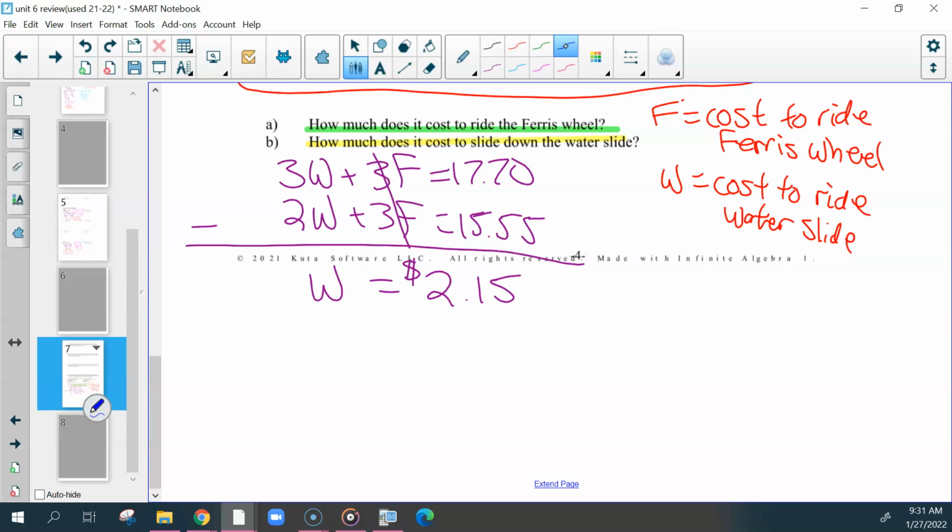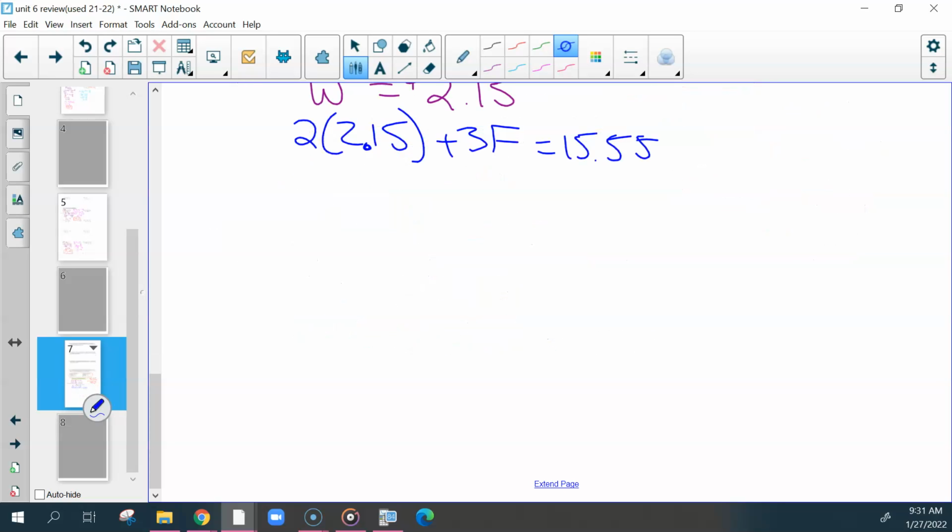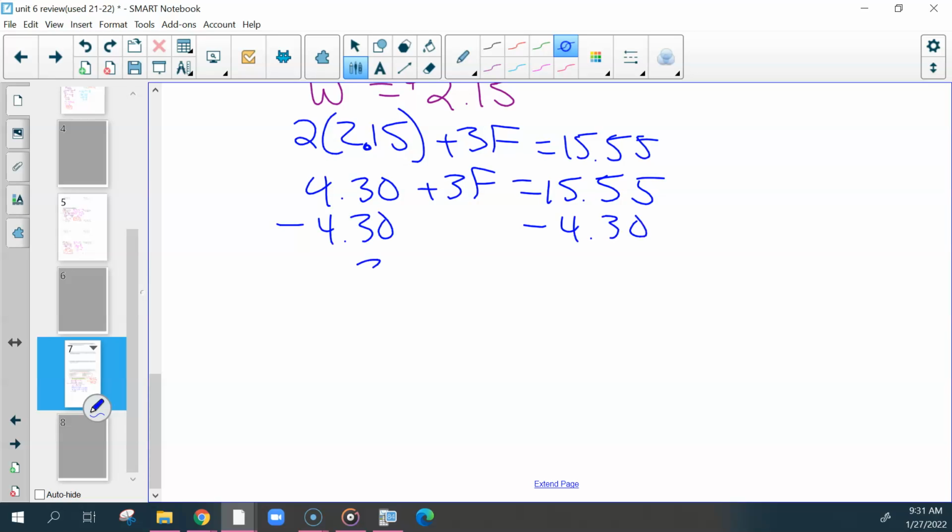Then we found W, doesn't matter which one you choose. Put it back in for W and solve for F. This would be what, 430? And then we could subtract. 3F equals 1115.